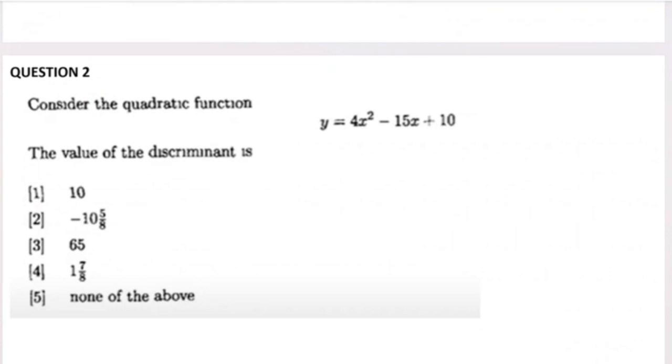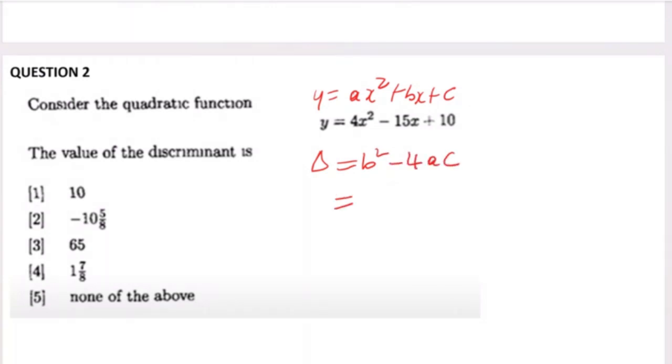We are asked to find the discriminant. This is in the form ax squared plus bx plus c. We know what our discriminant is. Your discriminant is equal to b squared minus 4ac. This is coming from your toolbox.